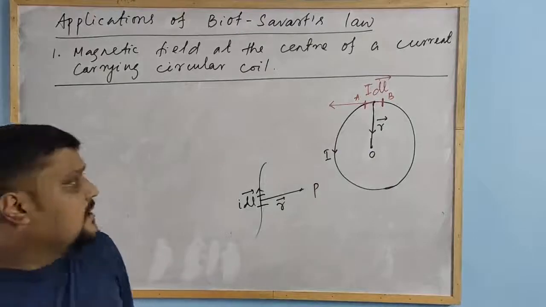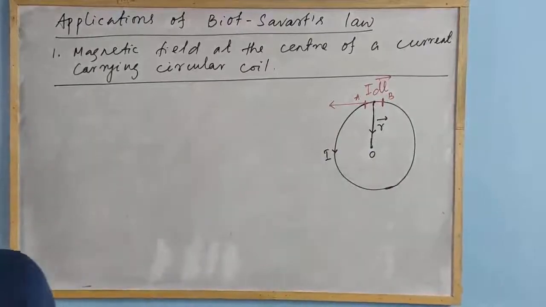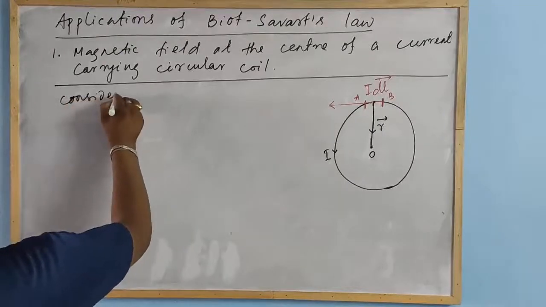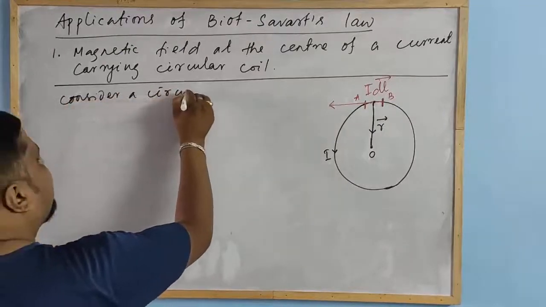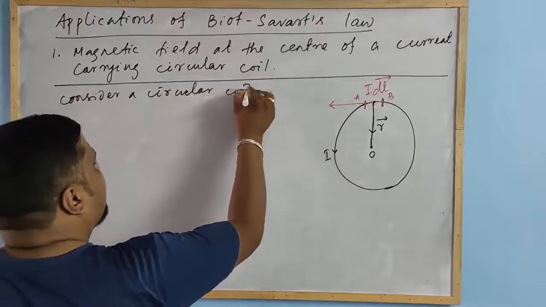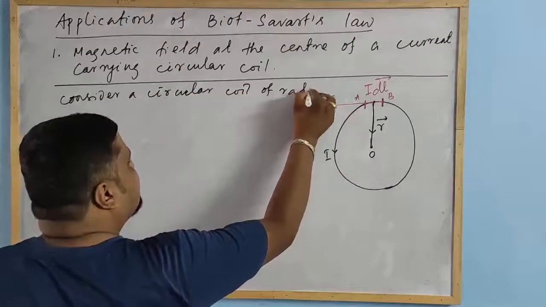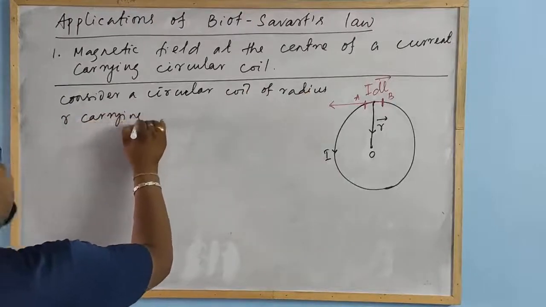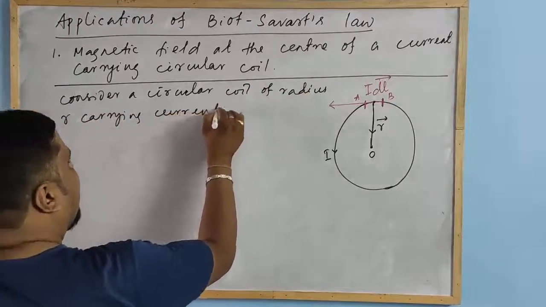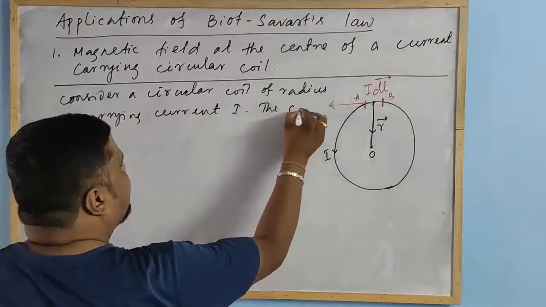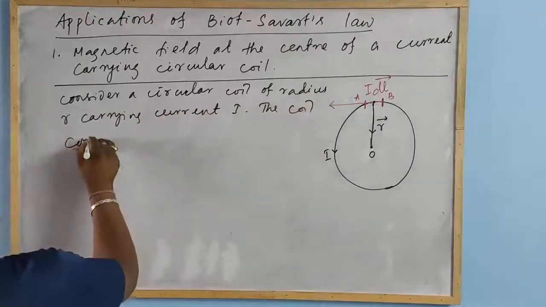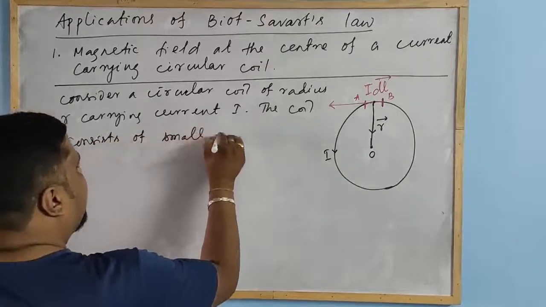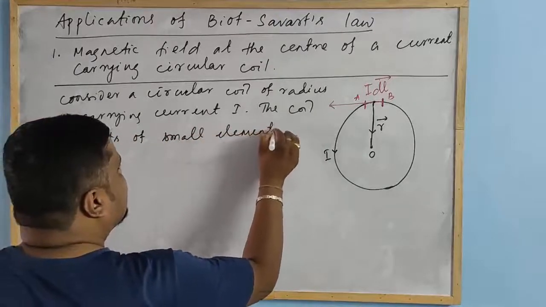Okay. So here, consider a circular coil of radius R carrying current I. The coil consists of small elements here.